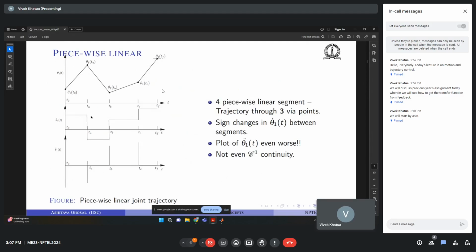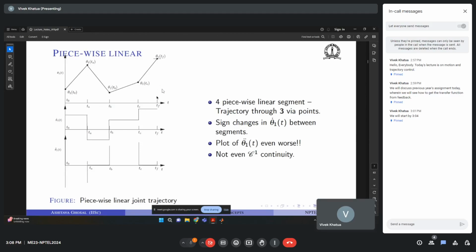You would get heating issues, and these are the kinds of things we need to avoid. And if you look at acceleration, it is abrupt. It's zero in a small region, and then it goes to infinity. How would you give an infinite acceleration, or a negative infinite acceleration? These are the things we need to avoid.